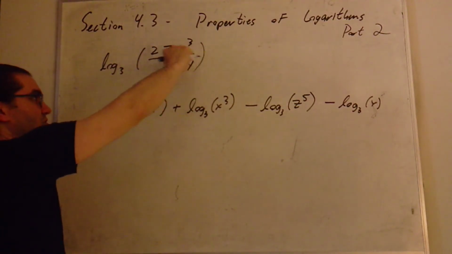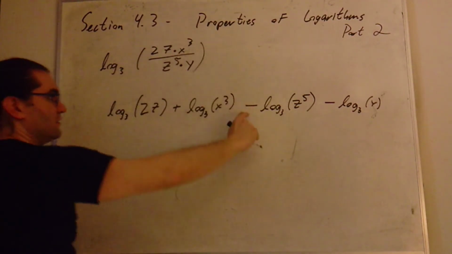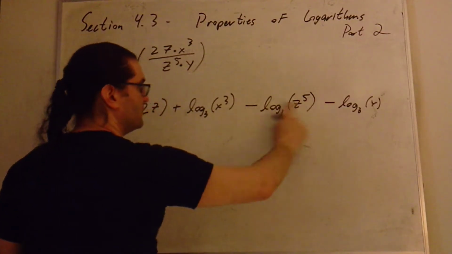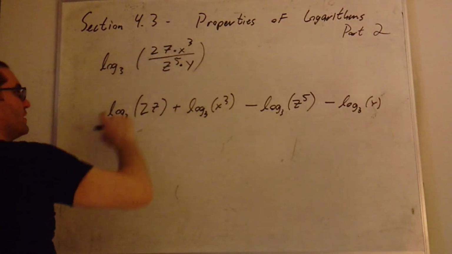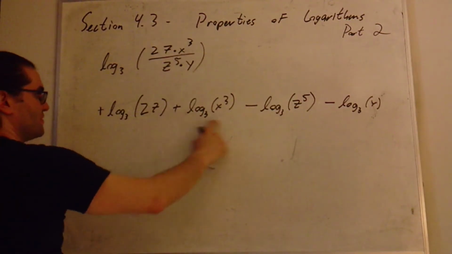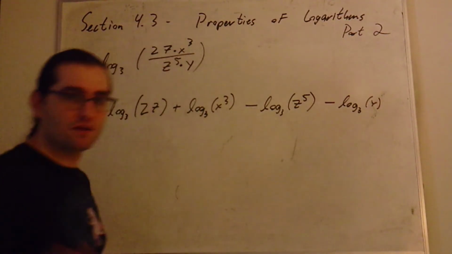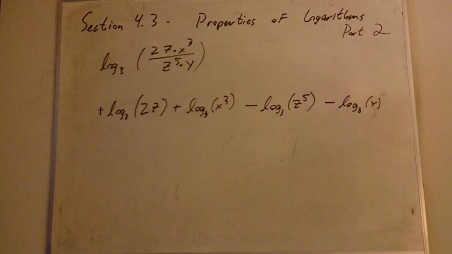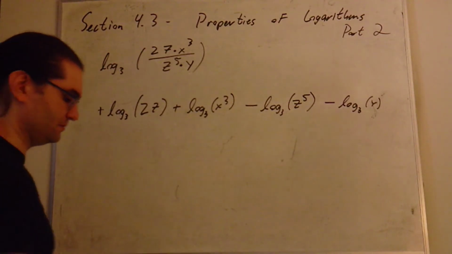Anything on the denominator gets subtracted, anything in the numerator gets added. This is positive, negative, negative. So keep that in mind as you do these problems. That will help you out.